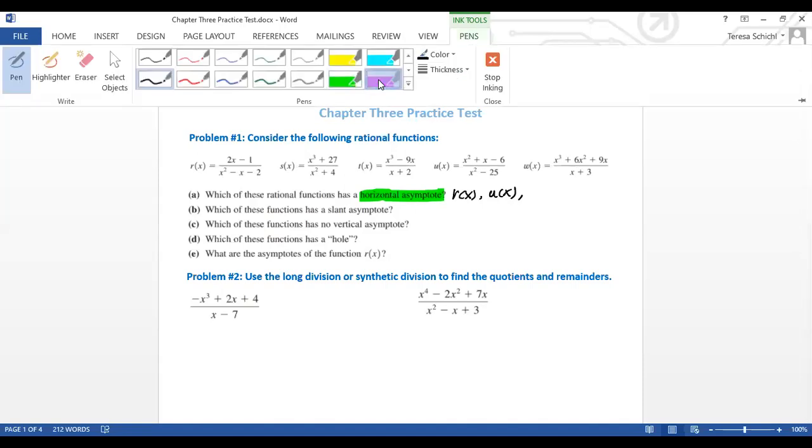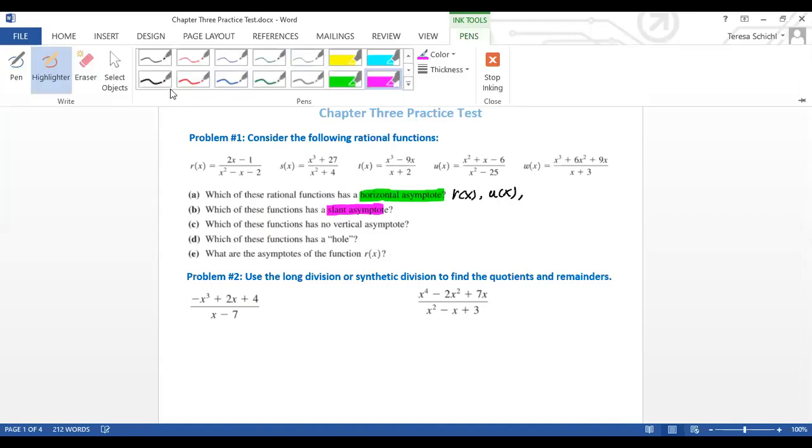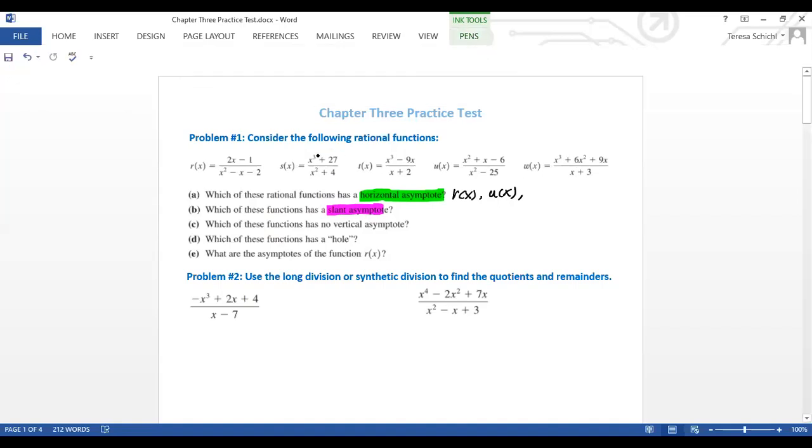The next question is about the slant asymptote. A slant asymptote exists if the numerator degree is bigger than the denominator degree, and you can use long division or synthetic division to find it.